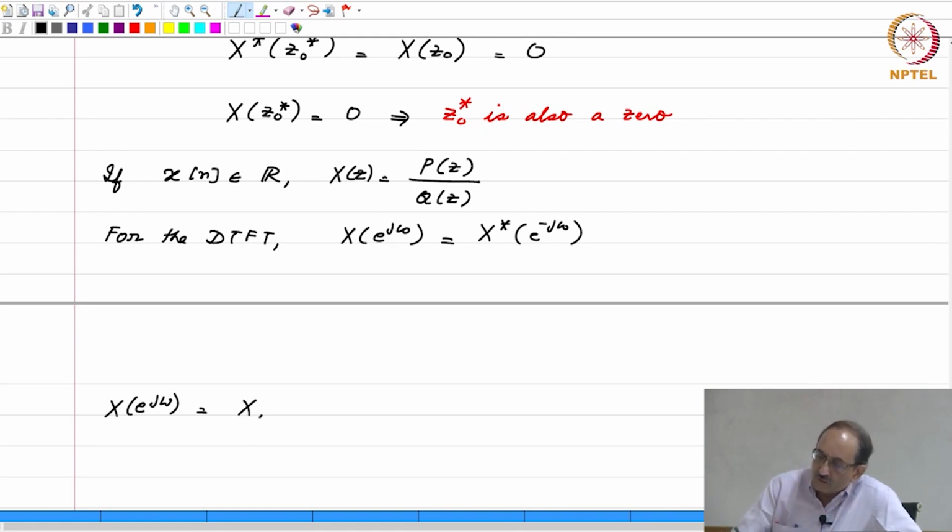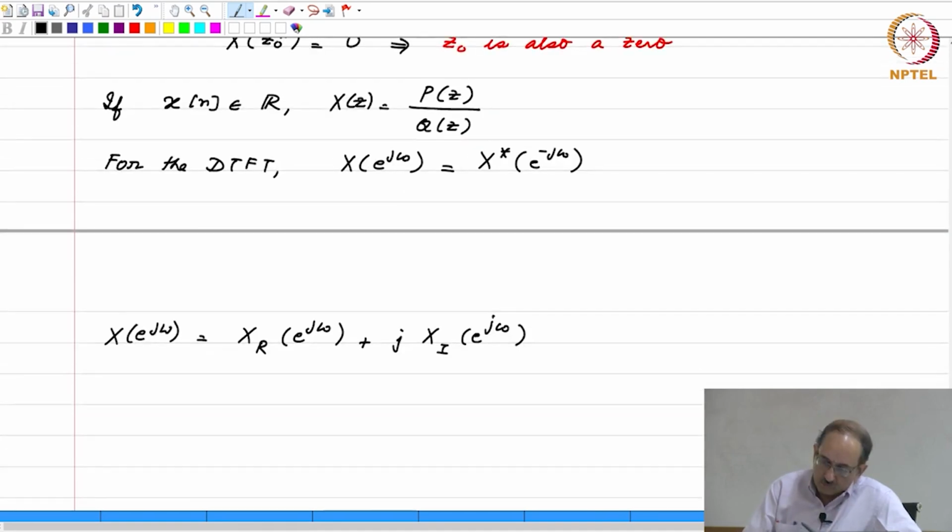Therefore, this can be written as xr of e to the j omega plus j times xi of e to the j omega, where xr and xi are the real and imaginary parts of x of e to the j omega.